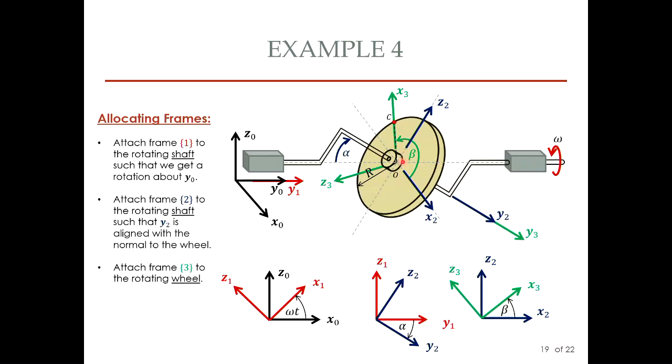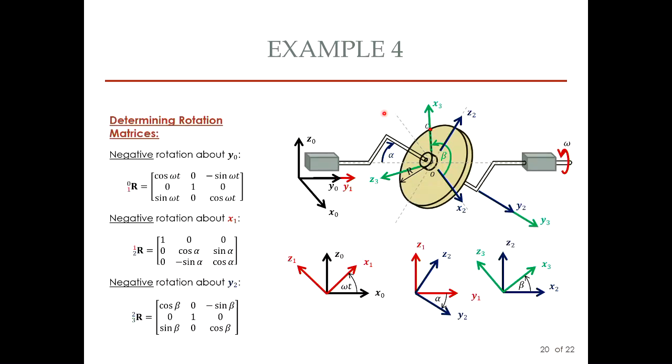When I go from O to C, what will be that vector? This is x3. So in frame 3, it will be just R00, right? And then I need to use the rotation matrices from 3 to 2, 2 to 1, 1 to 0. It will automatically simplify everything.